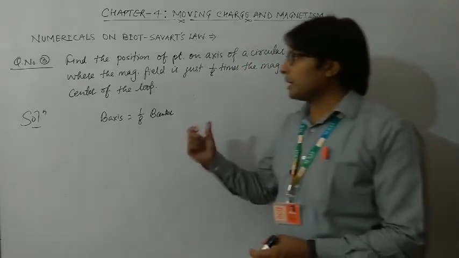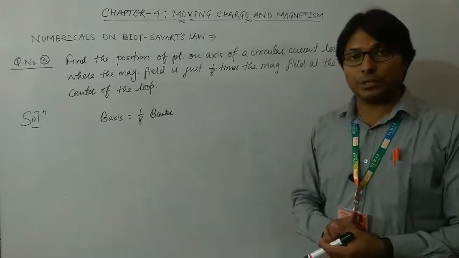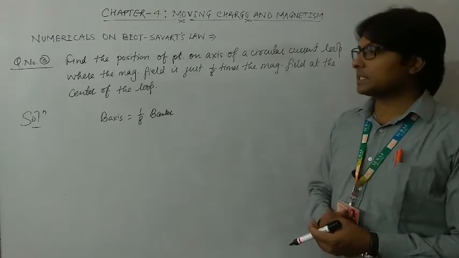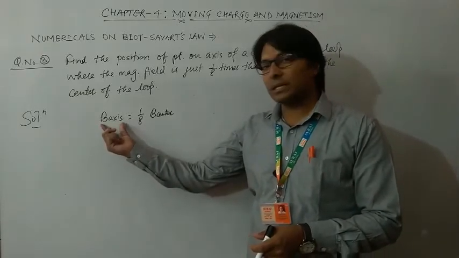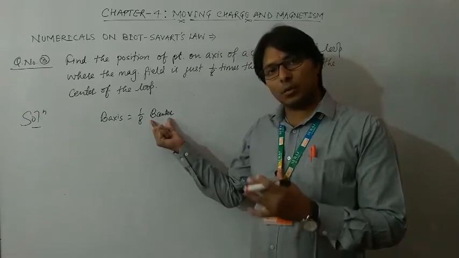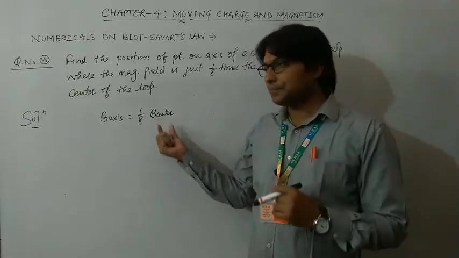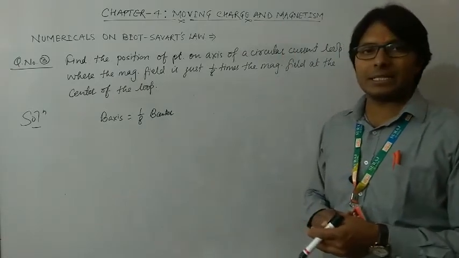So we have to find the position of the point which is present on the axis of that circular loop, at which the magnetic field is 1 by 8 times the magnetic field at the center of that loop.